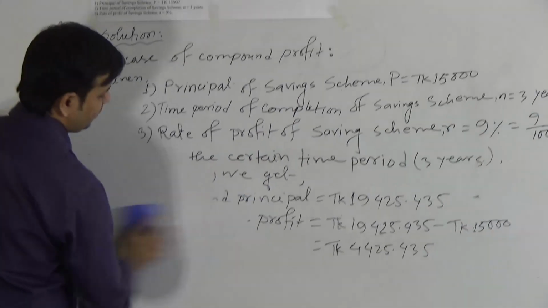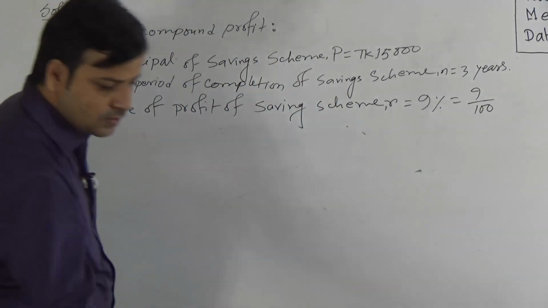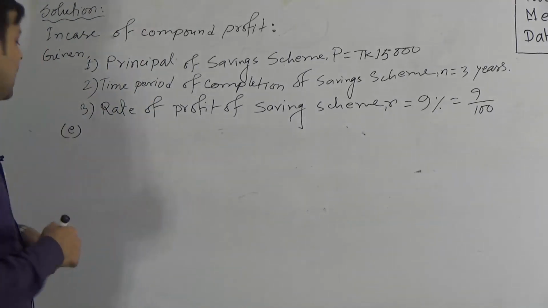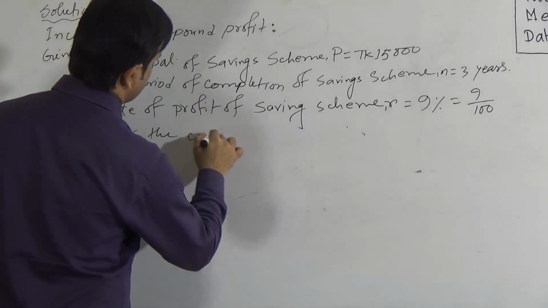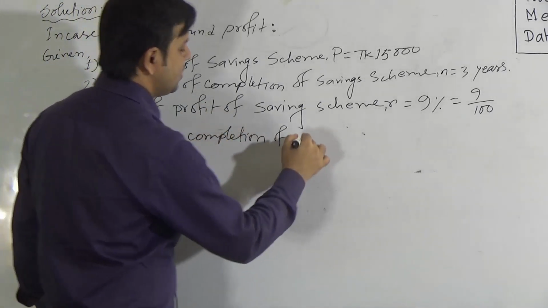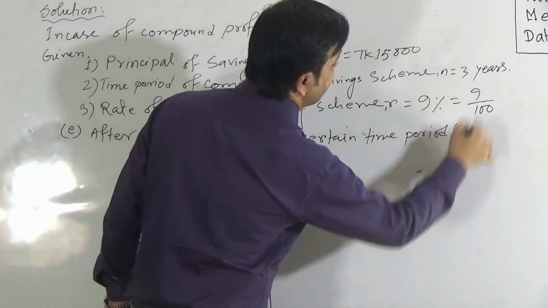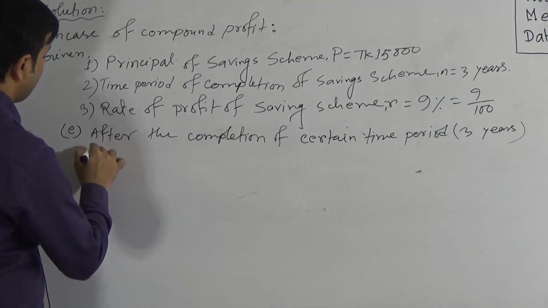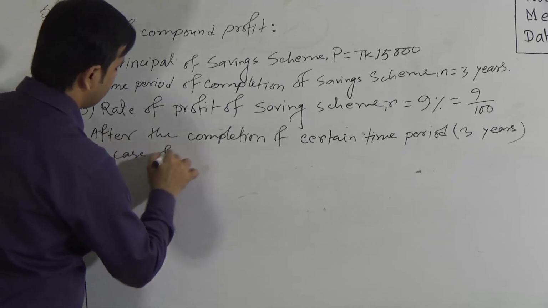Okay, dear students, now I am solving question E. In case of question E, we have to write after the completion of certain time period, it means 3 years.